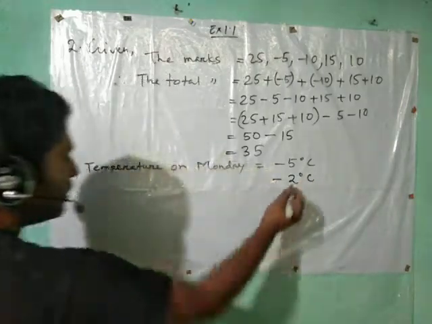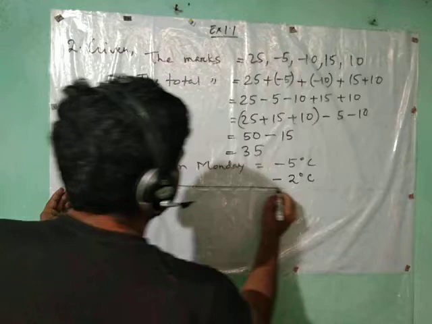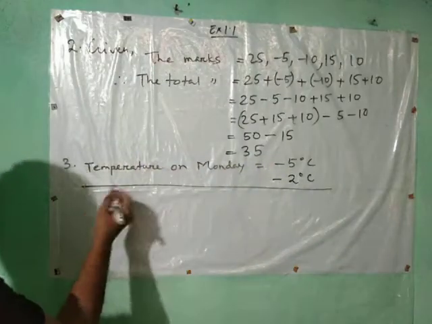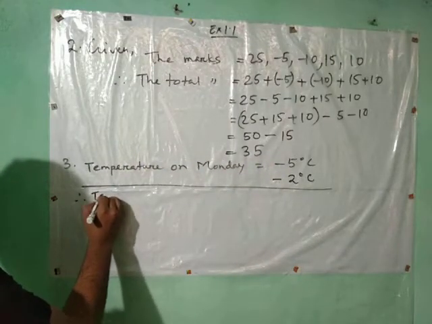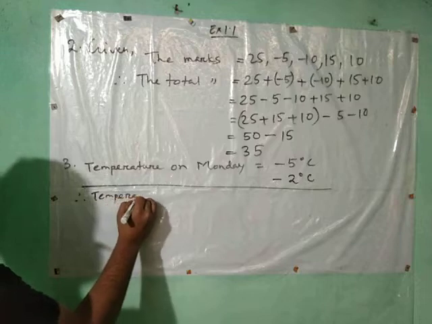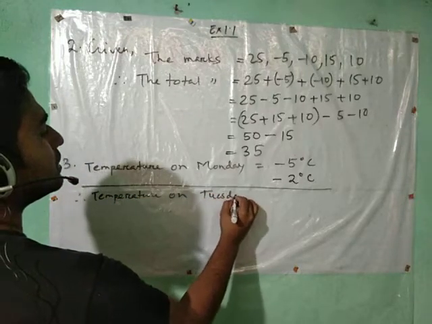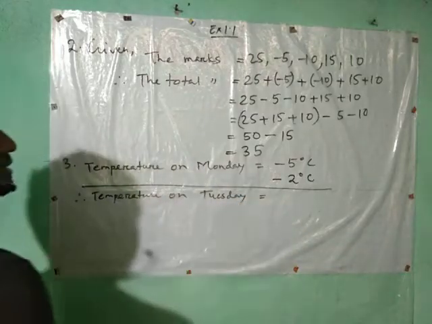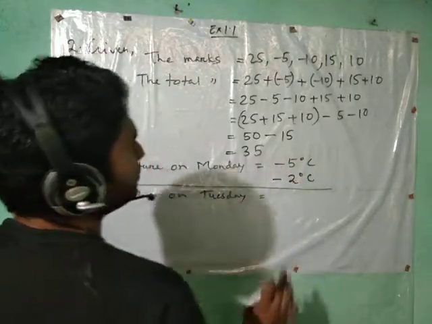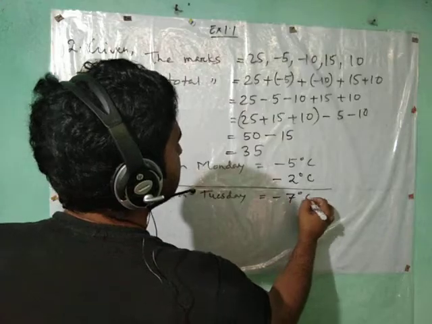Yes or no? Now after the fall, whatever temperature comes will be on which day? Therefore this will be the temperature on Tuesday, isn't it? What will be the temperature on Tuesday? -5 and -2, so -7 degree centigrade.